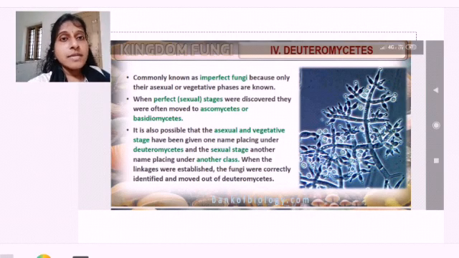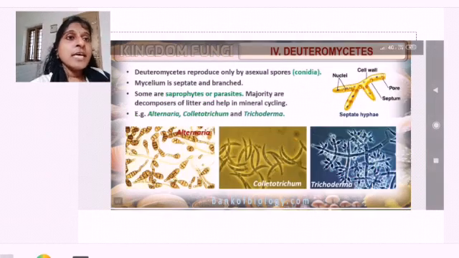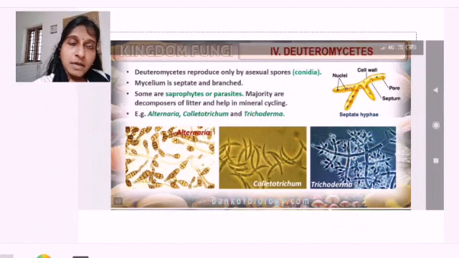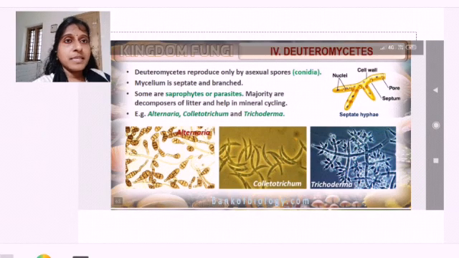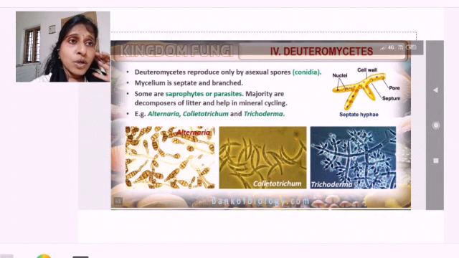Okay, so that is regarding Deuteromycetes. Deuteromycetes reproduce only by asexual spores, conidiospores. Mycelium is septate and branched. They are saprophytic, on dead decaying matter, or parasites taking food from living hosts. The majority are decomposers, which means they depend on dead decaying matter. Examples: Alternaria, Colletotrichum and Trichoderma are examples of what?